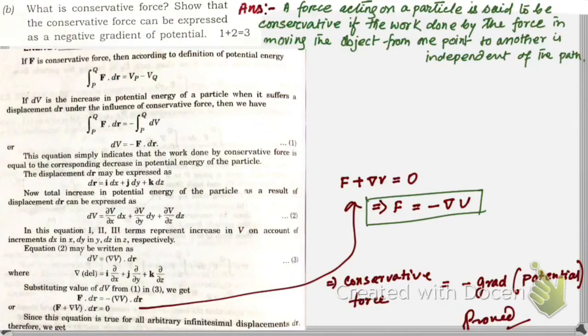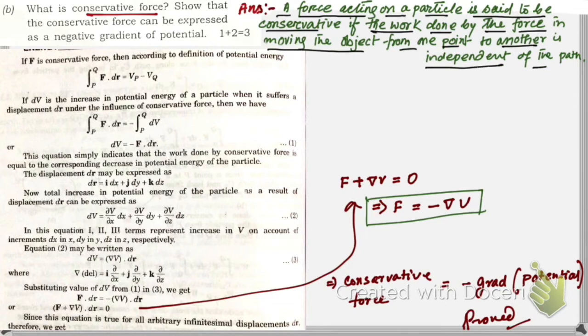Now let's move on to the next question. So here you see, what is a conservative force? The definition of a conservative force is this. A force acting on a particle is said to be conservative if the work done by this force in moving the object from one point to another point is independent of the path.